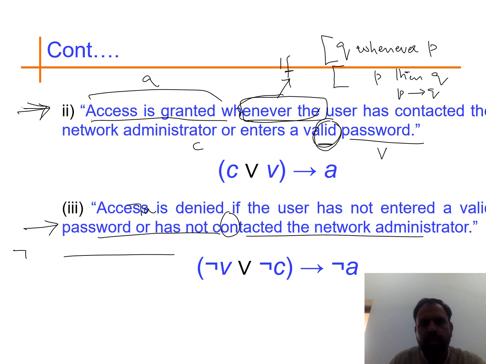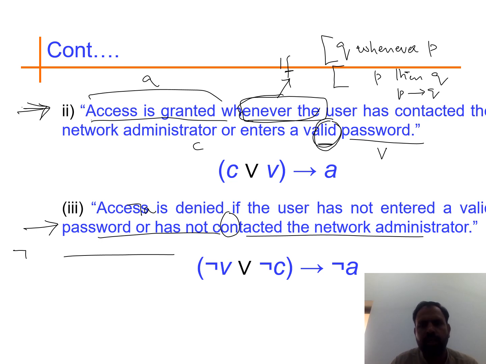Access is granted whenever the user has contacted the network administrator or enters a valid password. It means C or V implies A.